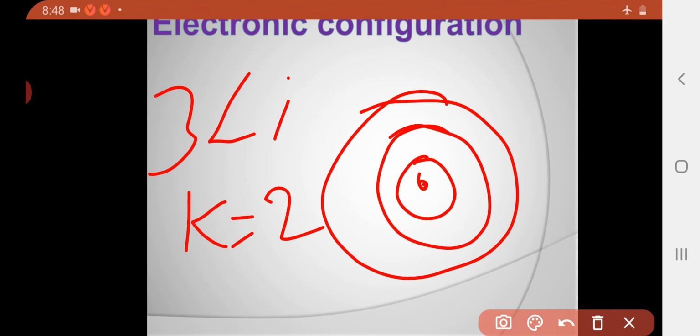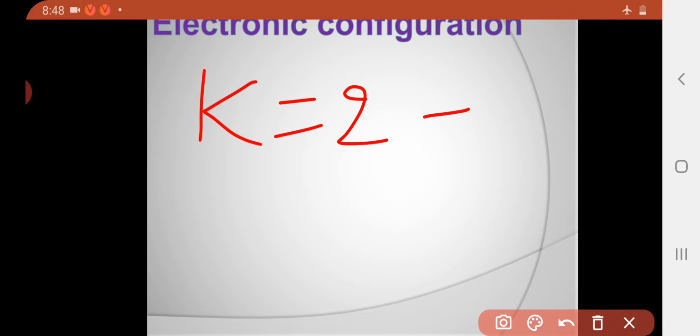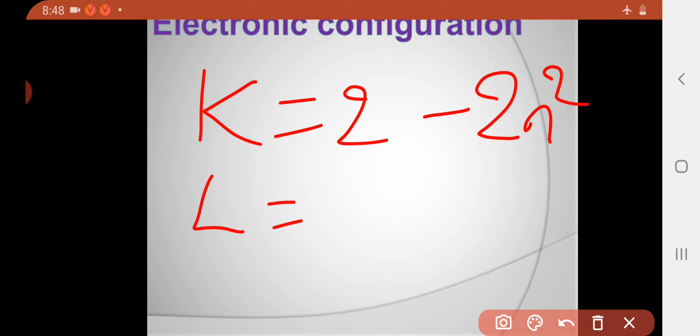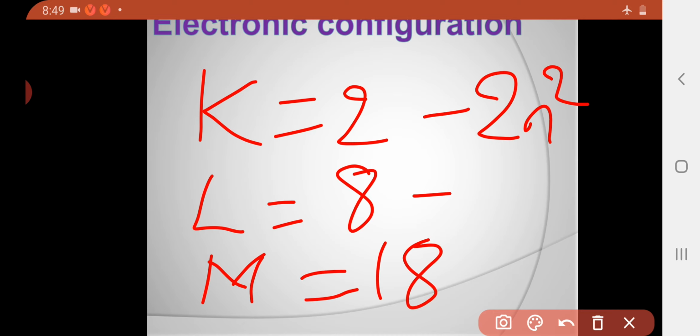Then next will be L. So the third electron, where will it go? It will go in the next shell. Keep in mind that the capacity of K is 2 because of the 2n square rule. Then L is equal to 8, and M is 18. This is the electron capacity of each shell.